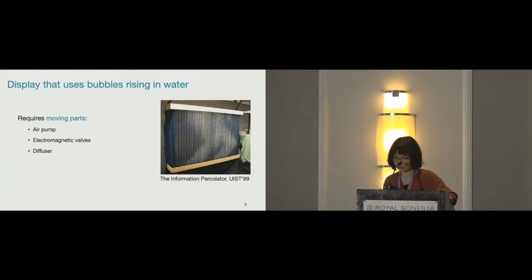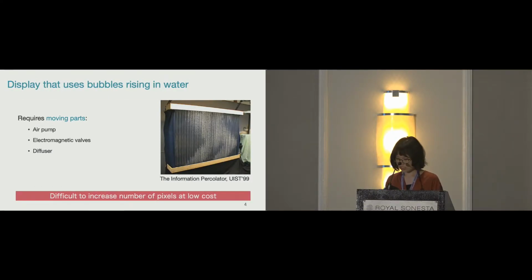Also, an electromagnetic valve is used to control whether or not gas is taken in, and the diffuser is used to improve the display quality by making bubbles appear fine and white. Therefore, these moving parts are required for each of the tubes. As a result, the mechanism becomes large and it is difficult to increase the number of pixels at a low cost.